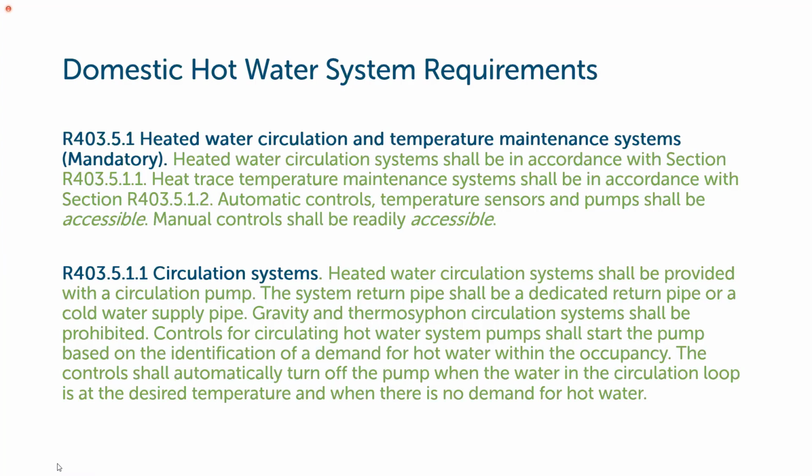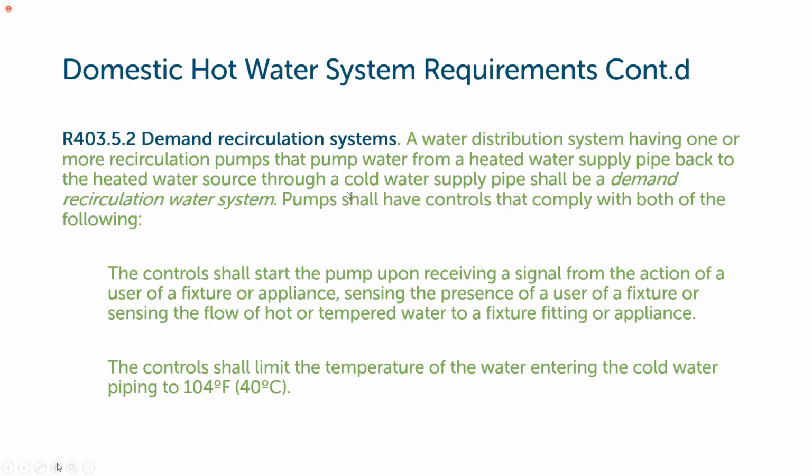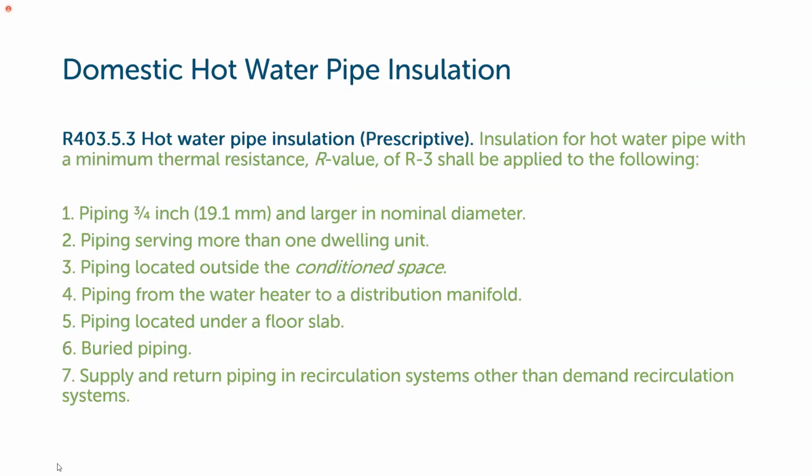I won't go into these in detail since we're coming up on time, so read deeper into this as you get into the slides that we'll provide to you at the end. But just be aware that there are some requirements around domestic hot water, recirculation, and pipe insulation. Basically, if you have hot water pipes in the building, there are insulation requirements for those pipes.